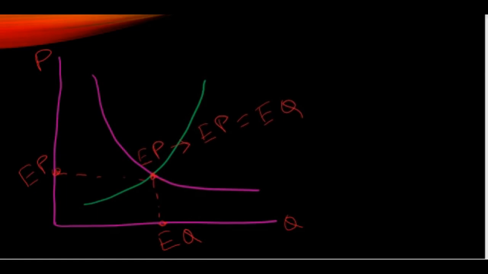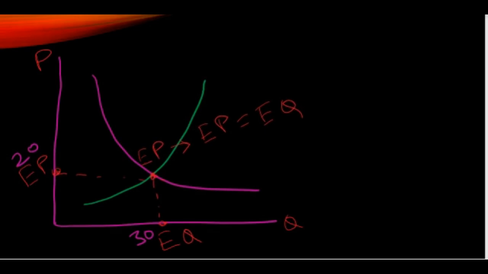So now let's take an example. So this equilibrium price is, let's say, 20 rupees and the quantity supplied at this price is, let's say, 30. So 20 is the equilibrium price and 30 is the equilibrium quantity.